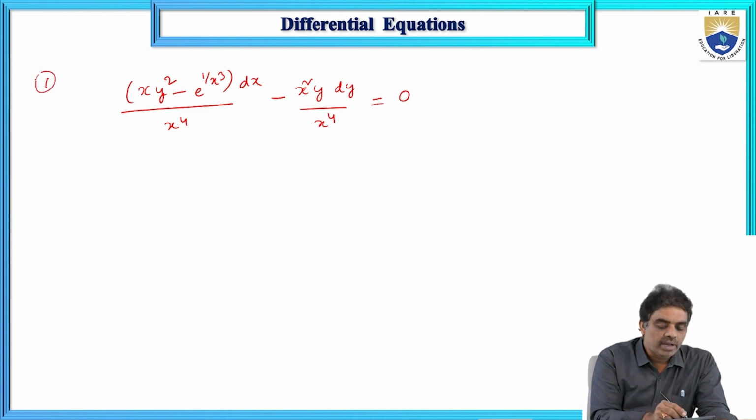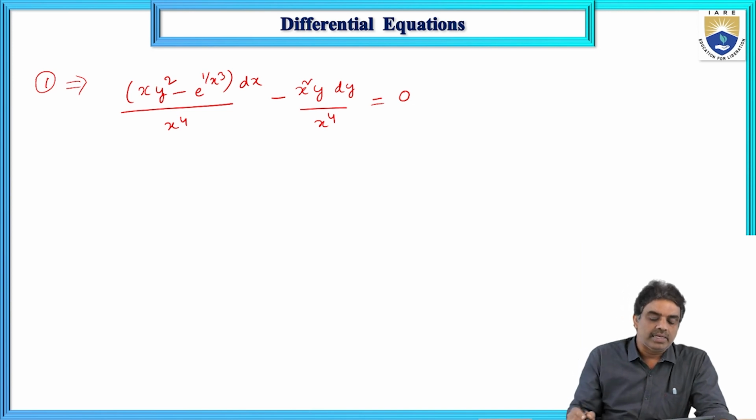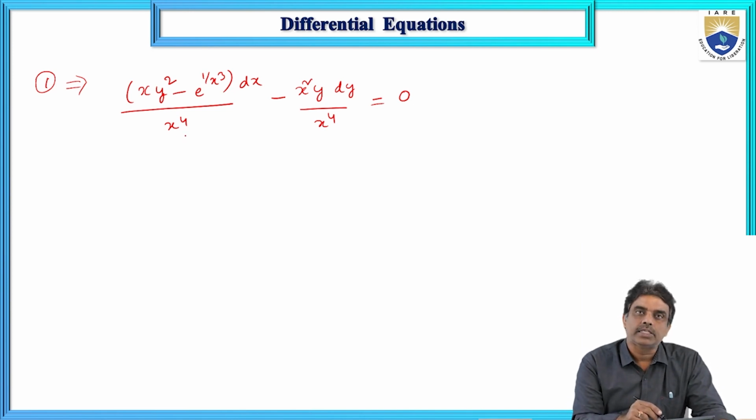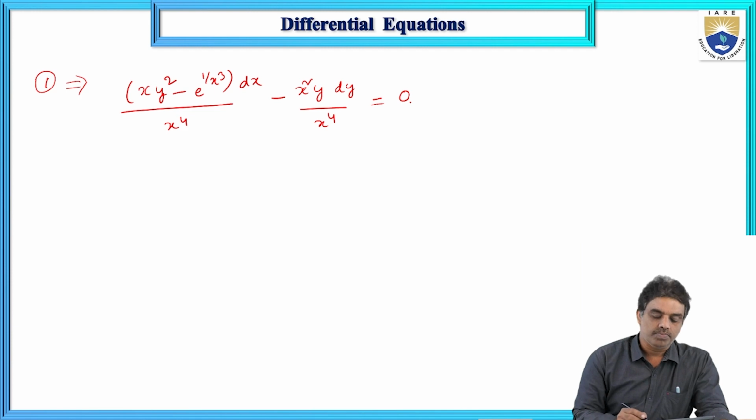Equation 1 becomes, after multiplying, (xy² − e^(1/x³))/x⁴ dx − (x²y/x⁴) dy = 0.